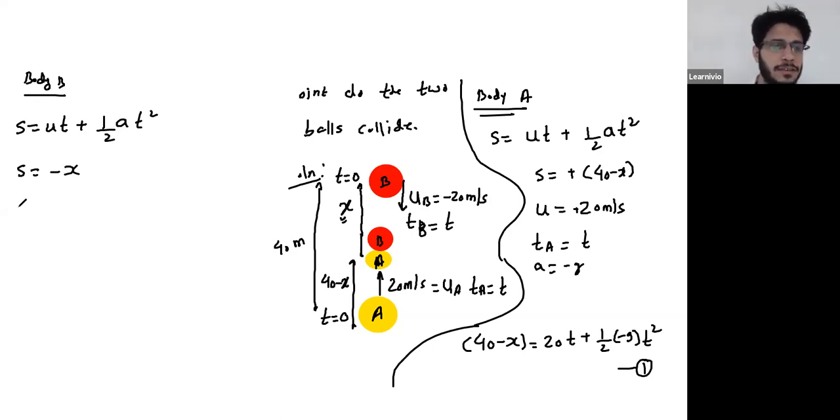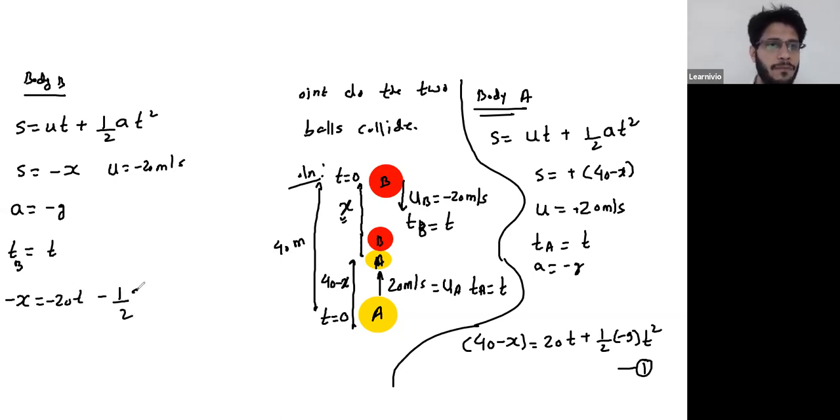Your acceleration is minus G. Let's keep it as minus G now. The time taken by B is again T. If I substitute all these values here, this is minus X, and obviously your velocity is given as minus 20 meters per second. So it's minus 20T minus half GT square. That is equation number 2.